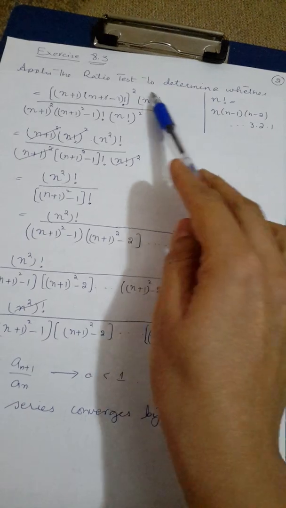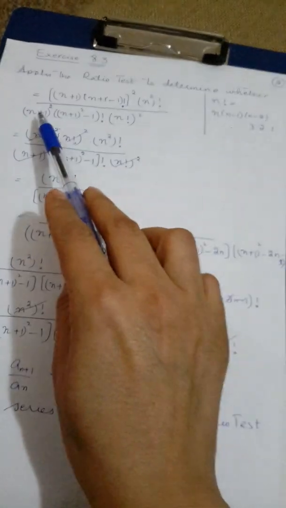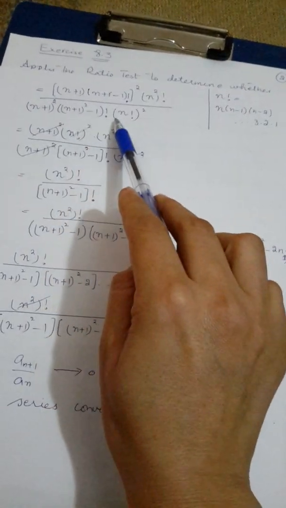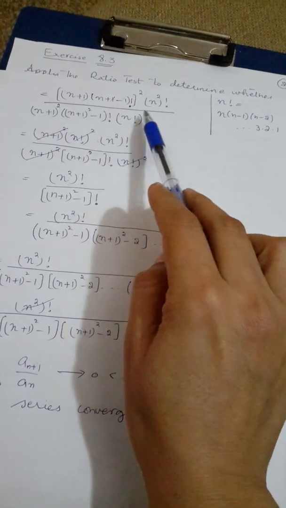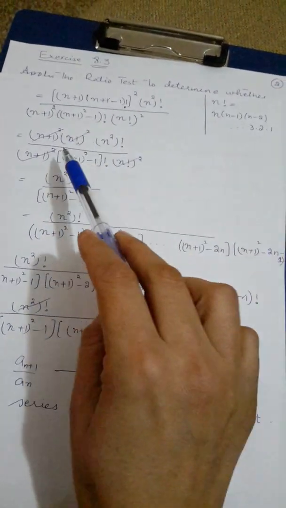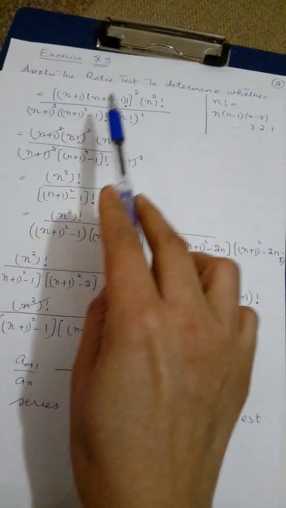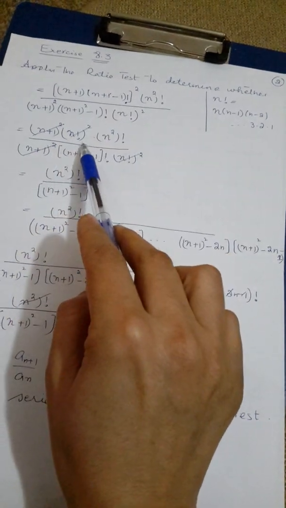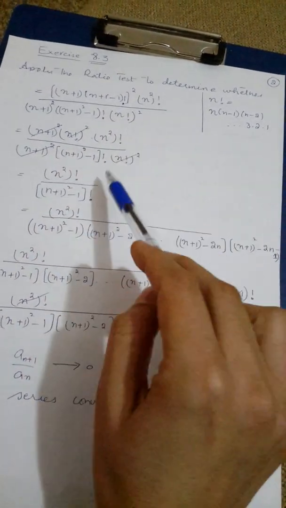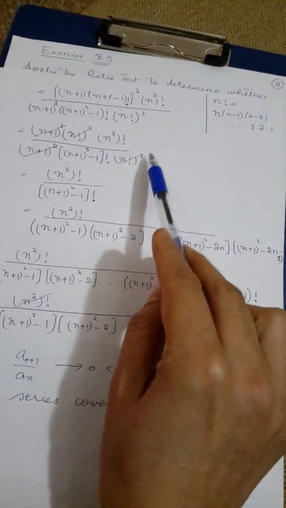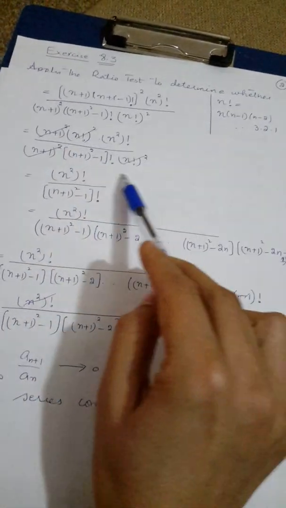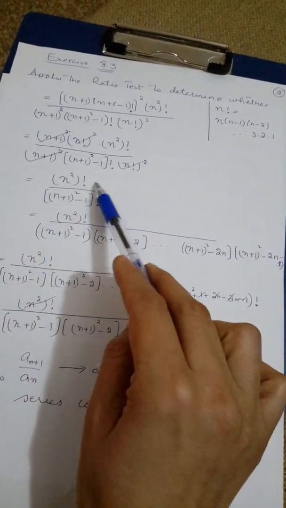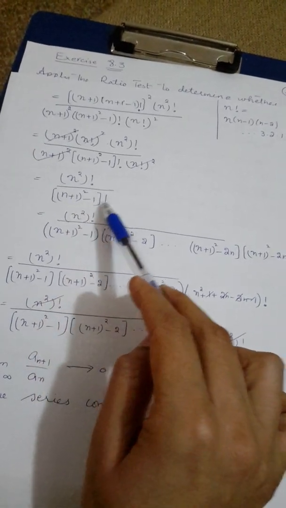Now (n^2)! remains the same, and in the denominator we are opening ((n+1)^2-1)! and (n!)^2. Here you can see that the square applies on both terms. In the denominator we have (n!)^2, which will be cancelled with this term, and simply we will have only (n^2)! and ((n+1)^2-1)!.